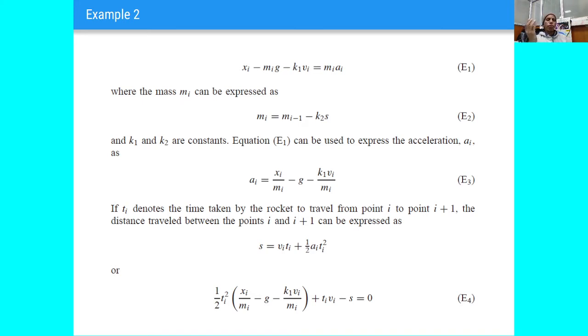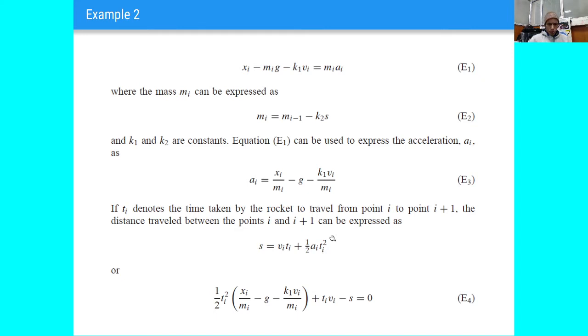So if we apply the second law of motion, sorry, we know s equal to ut plus half at square. This formula we already studied in our elementary classes. So we apply this formula in these two segments. Your u will be vi, and the time taken will be ti. So the distance traveled s equals vi ti plus half acceleration ai ti square.